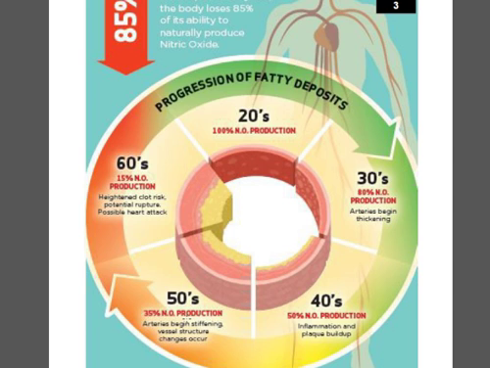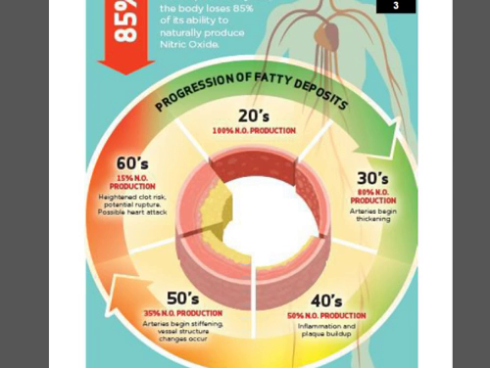If they're in their 50s, your nitric oxide production is only 35% of what it used to be. We want to nourish this lining of your vascular system to increase this. If they're in their 60s, your nitric oxide production is only 15% of what it used to be. We want to nourish this lining so that we can use nitric oxide therapy to increase your nitric oxide levels so that you can see the health benefits that come from that.